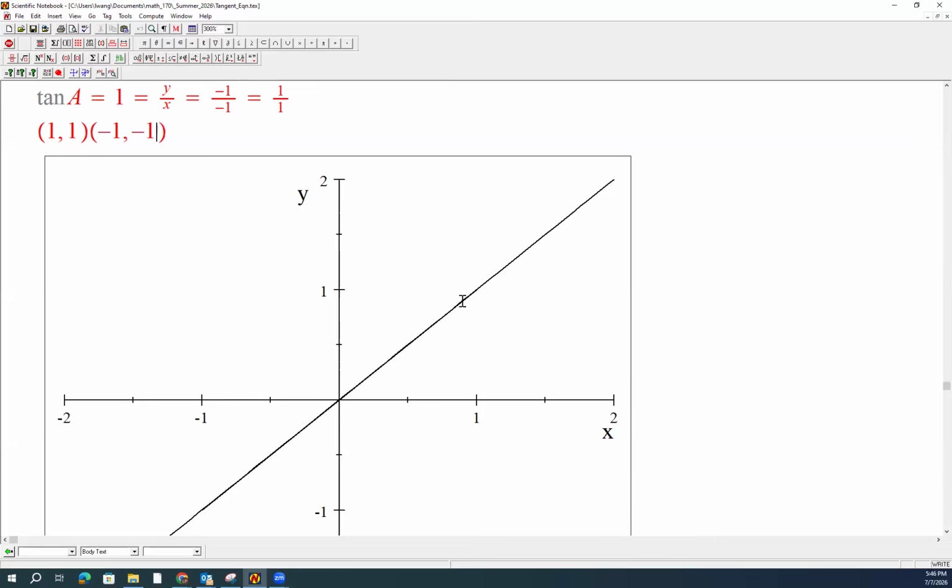You have a point here, and a point over here. Or, I don't know how well you remember linear algebra. If you know linear algebra, from this equation you have y over x equals 1. That will lead you to y equals x. You just multiply both sides by x.